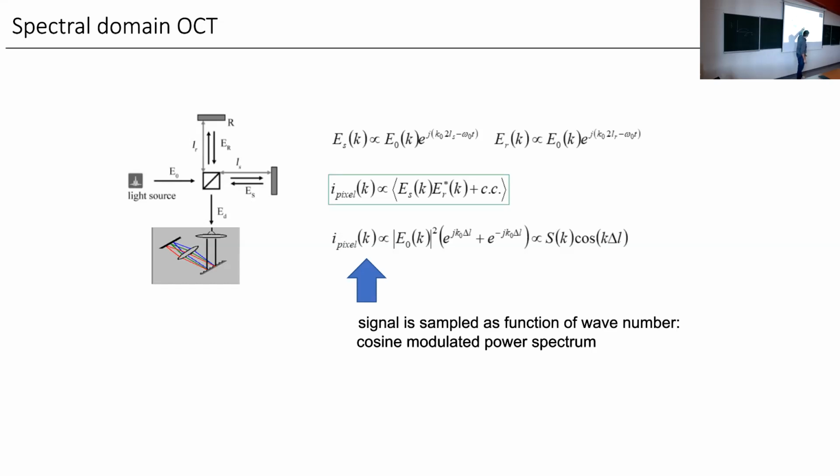Each pixel of the spectrum will see the same kind of results, just following the steps that led to that. But now we have a single sample distribution. So it's still a function of these pixels and has the same form. Instead of varying delta L, I now vary k.